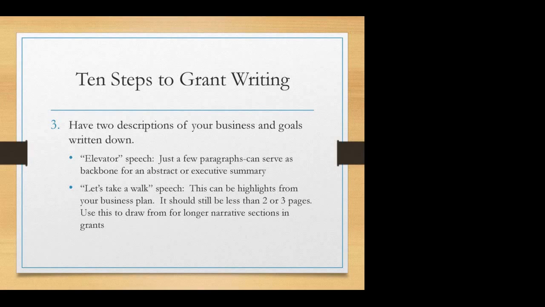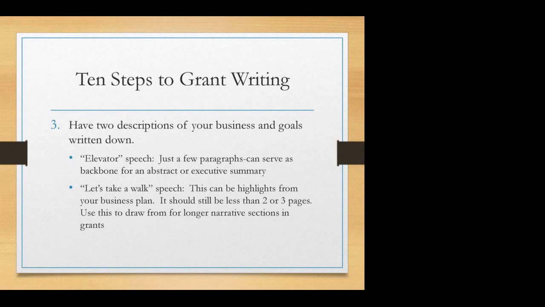People in the funding world and the nonprofit world have heard this a lot, because if you happen to be in an elevator with someone who has $1 million to spend, you want to be able to explain to them in three floors what you're doing, what you want to do, and why it's good that you do it. So this can just be a few paragraphs.